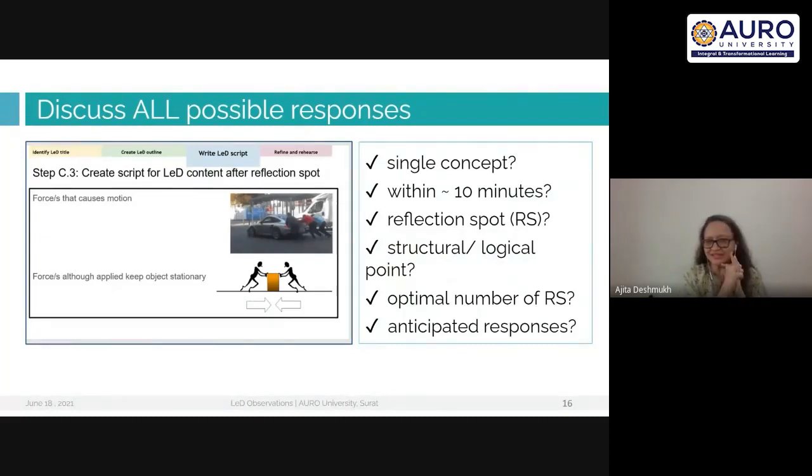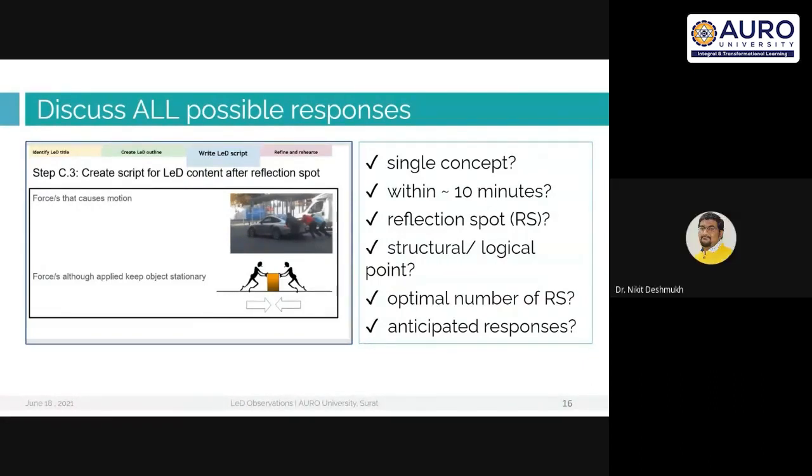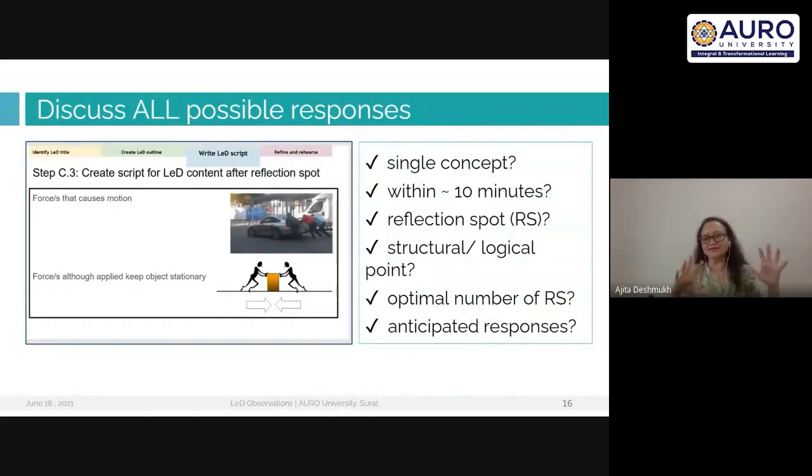Nikit sir, do you agree? No, absolutely. Even I'm feeling like you are praising a lot of my work, which I was not able to judge in some instances. See, it's not about praise.